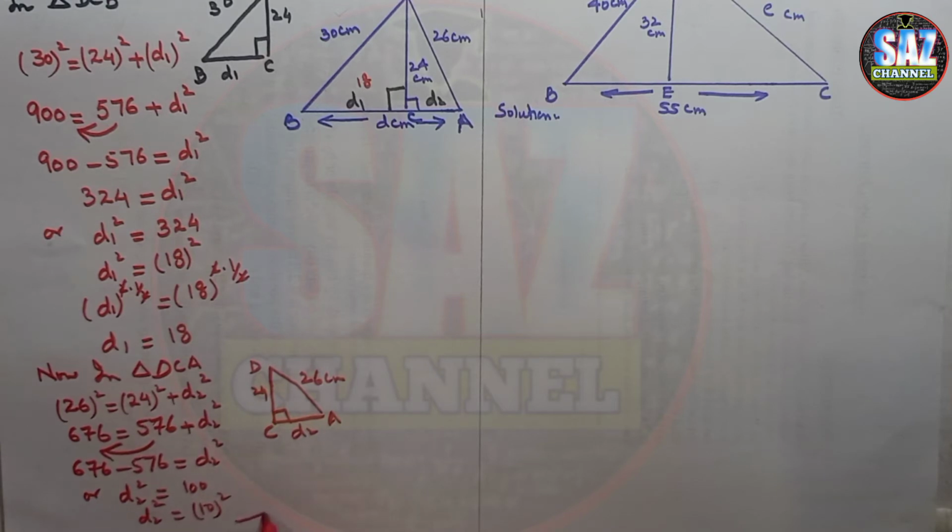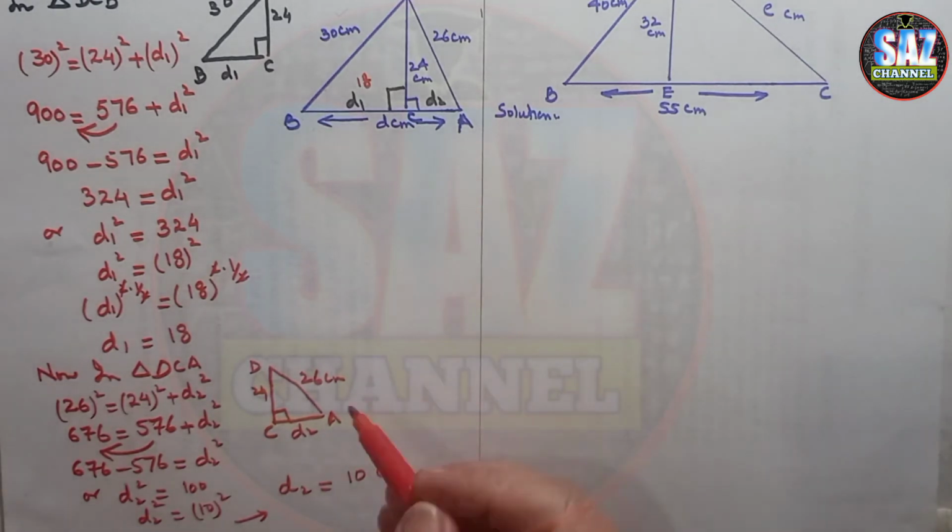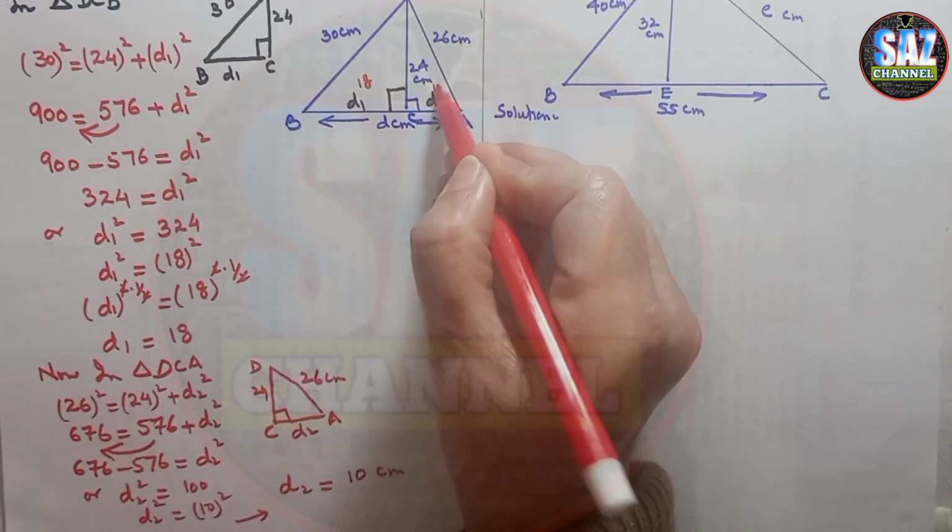Taking the square root on both sides gives me d2 equals 10 centimeter. Let me mark d2 over here, that is 10 centimeter.